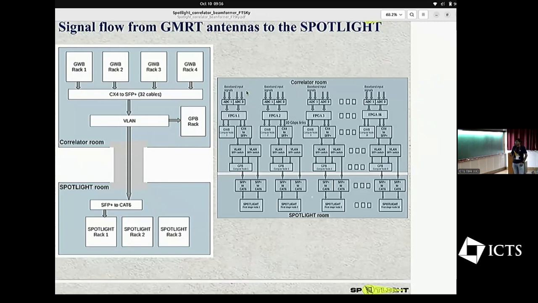All these processing stages are distributed over 2 shielded rooms. First is the Correlator room, and this is the Spotlight room. There is a waveguide running with all the cables going from one room to the other.